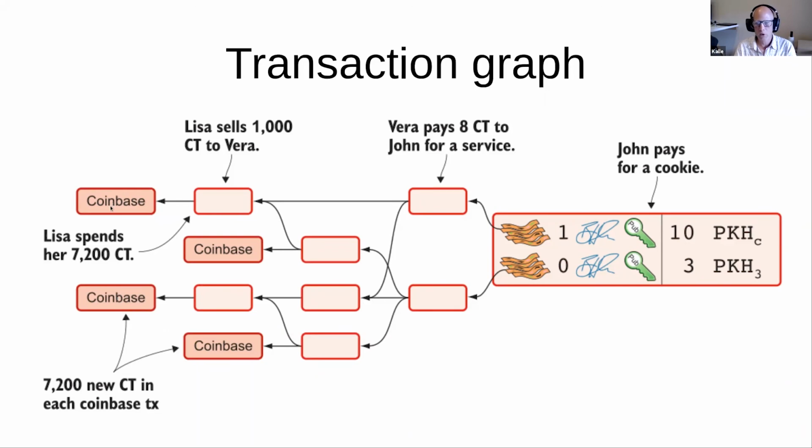Coin-based transactions are the only ones that don't refer to previous transactions. So if you follow any chain of inputs, any chain of transactions like this, you must always end up at the coin-based transaction. Otherwise, something fishy is going on. So this is the transaction graph.